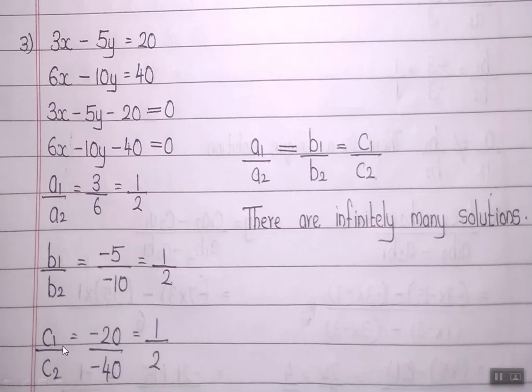So c1 by c2 is equal to 1 by 2. Here you can see all the ratios, that is a1 by a2, b1 by b2 and c1 by c2, are all equal. That means there are infinitely many solutions for the equation. You will not get a perfect solution. There is not only one solution, there are infinitely many solutions.